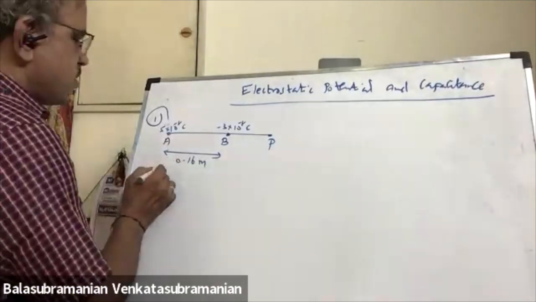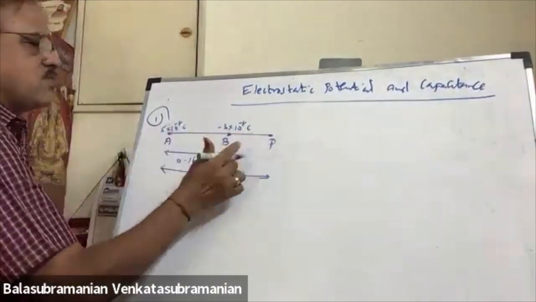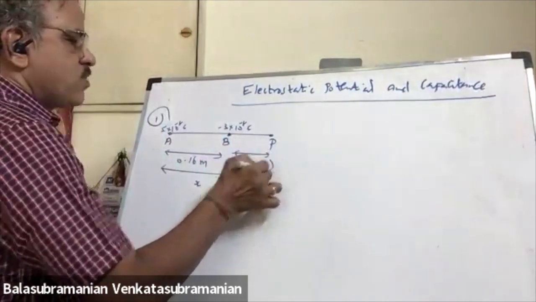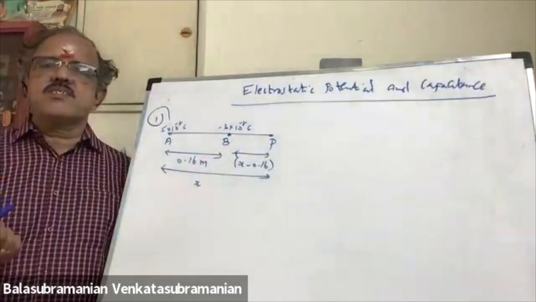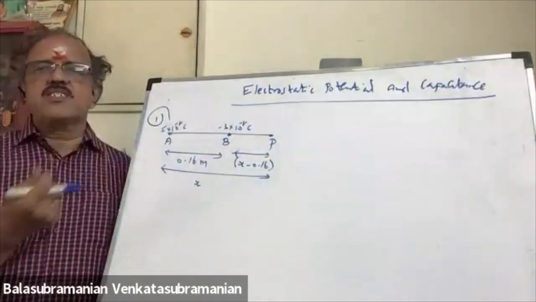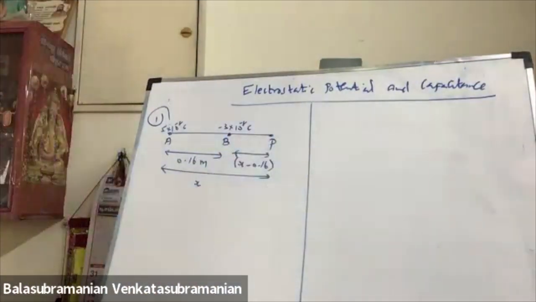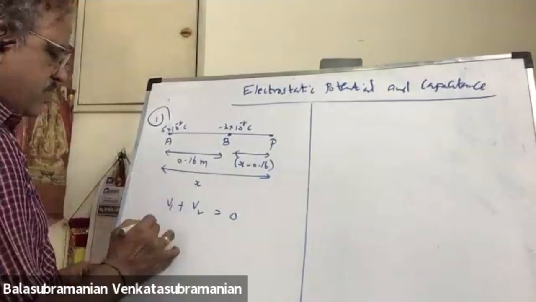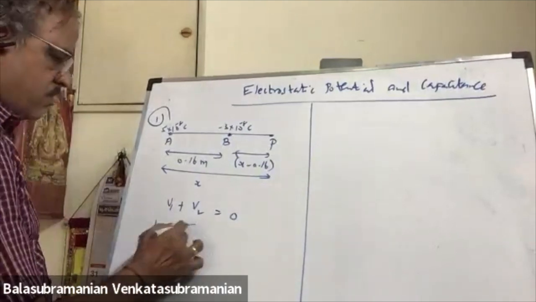The total distance, let us assume as x, where the potential is 0. So the remaining should be x minus 0.16. Previously we wrote 0.16 minus x, now it is x minus 0.16. V1 plus V2 is equal to 0. Same concept: 1 by 4 pi epsilon naught you can take common.